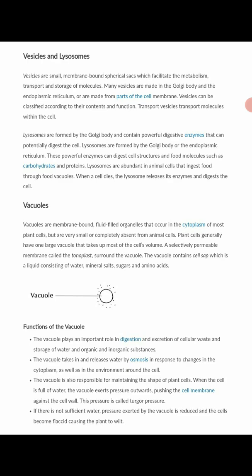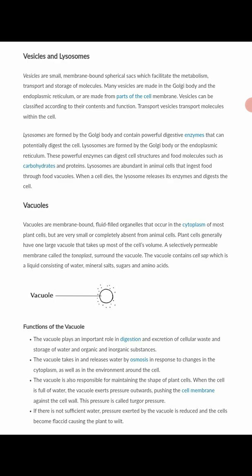When a cell dies, the lysosomes release their enzymes and digest the cell. That is the function of the lysosomes, for digesting cell structures and food molecules.